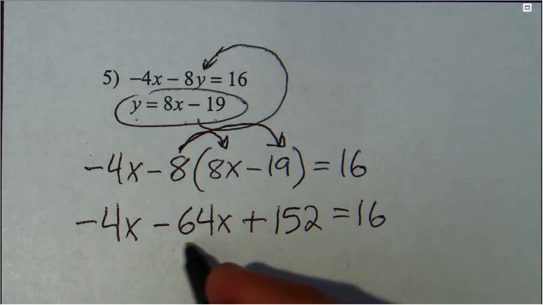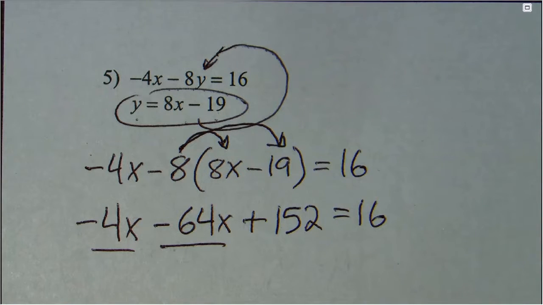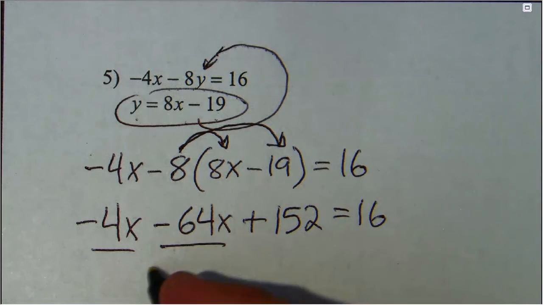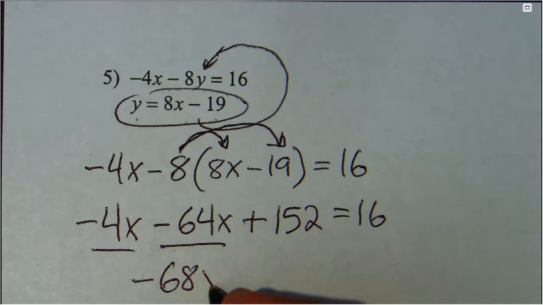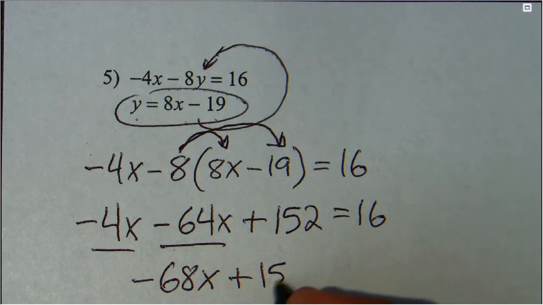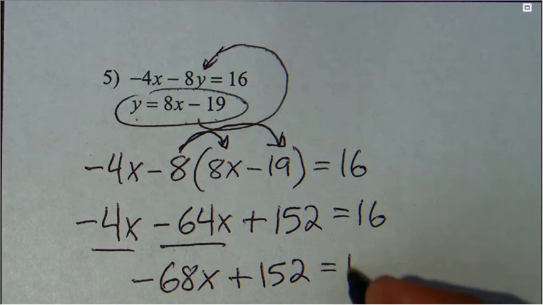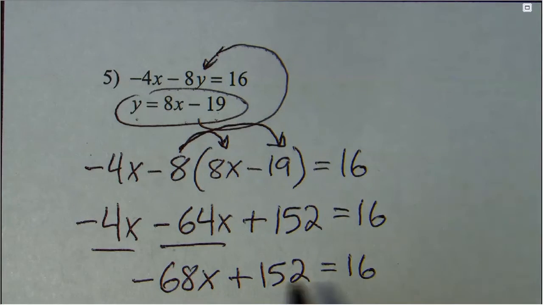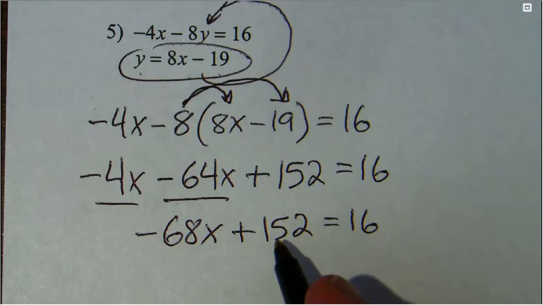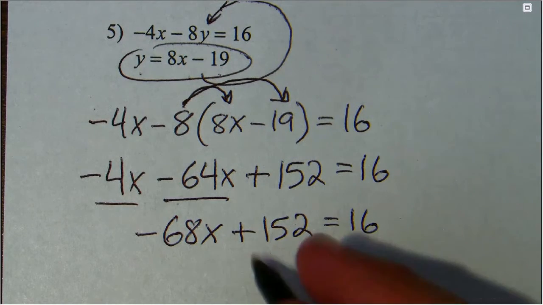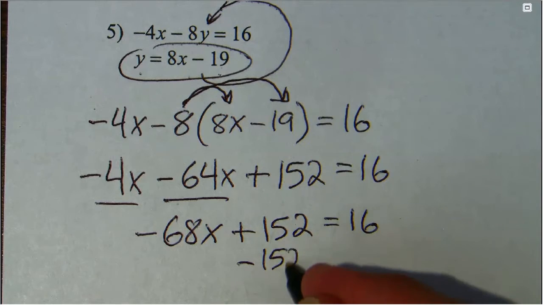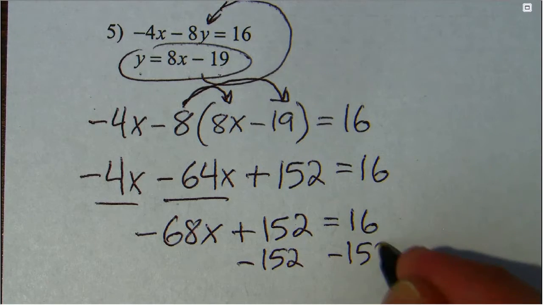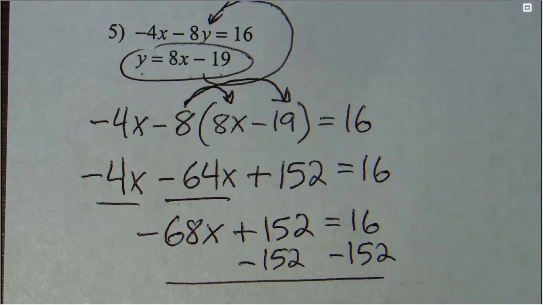Can we combine these two terms? Can we combine the x's? Good. Let's see. How do we get rid of the number here? How do we get rid of plus 152? Negative. Yep. What you do to one side. All right, calculators at the ready.